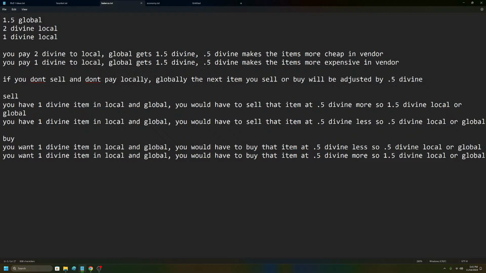What you're doing is you're saying, okay, well, they can pay, like, if it would cost them 2 divine to get this, but it's not in their vendor screen, but it would cost them 2 divine if it was in their vendor screen, they can pay 1.5 divine globally and then just have 0.5 divine also be paid to their local vendor at some point in time, whether it's from another trade in the vendor screen or from another player on player trade.